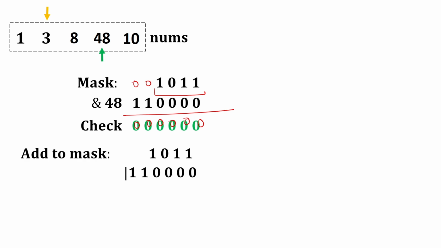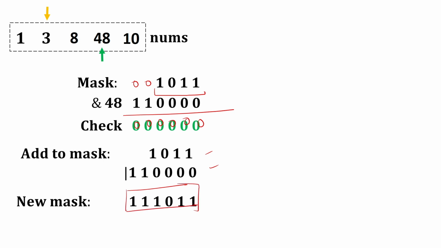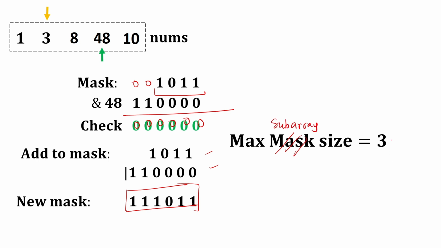Take an OR. Just add these two representations. So you get this updated mask, and the maximum size also gets increased to the maximum of 2, which was the previous size, and 3, which is the current size. So that is equal to 3.